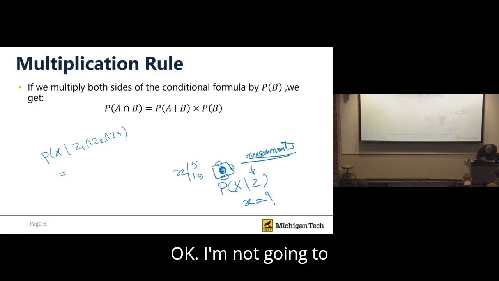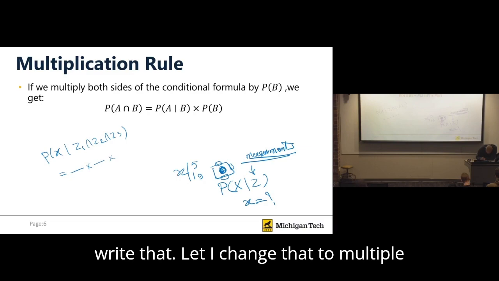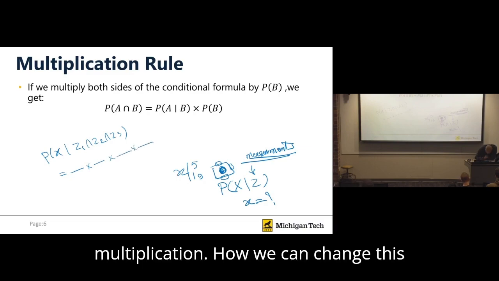I'm not going to write that. I change that to multiplication. How can we change this multiplication?